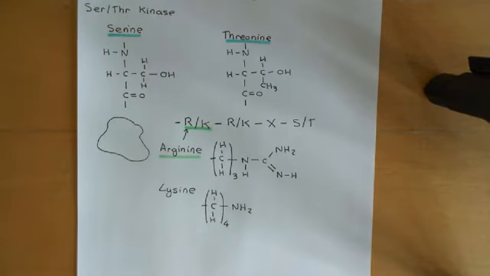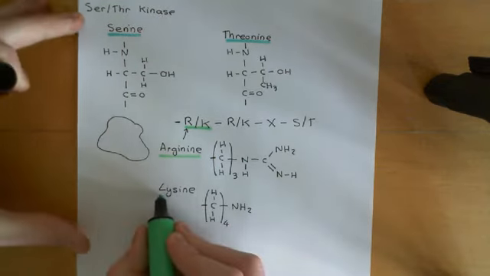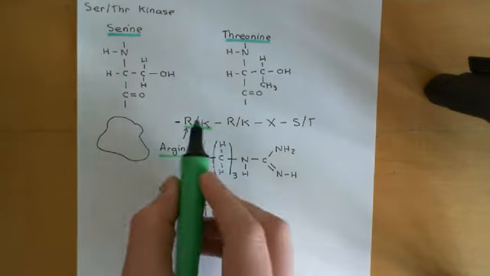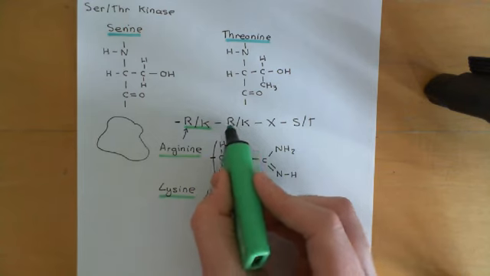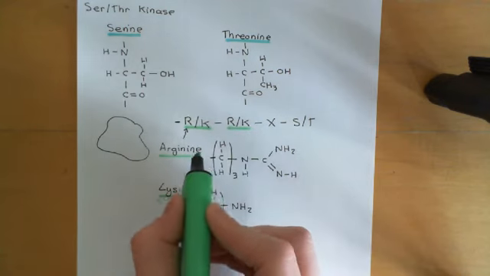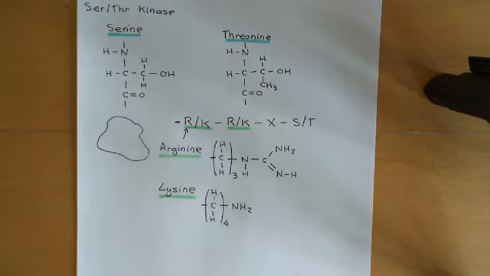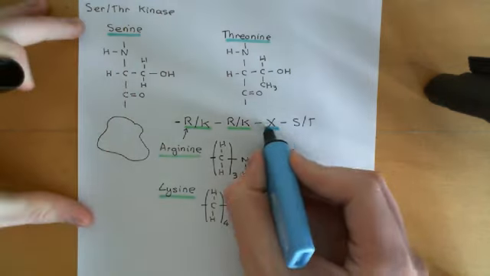Okay, so that's a lysine. So in this first position you have either an arginine or a lysine, so make your choice, whichever one you want. Then in the second position it's the same, have an arginine or a lysine, so one of these or one of these. Okay, then in that third position it doesn't matter, have whatever you like basically.